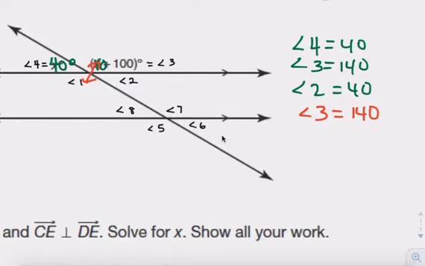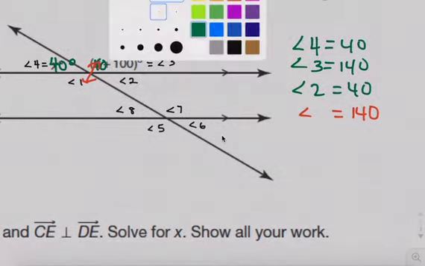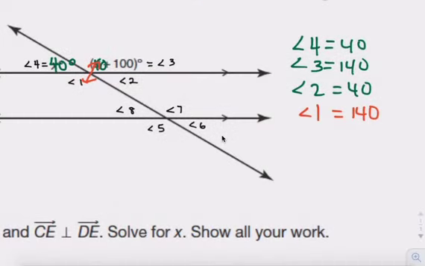Okay, measurement of angle 1. Okay, so this is 40, this is 140. Okay, alternate interior, this and that. Well, I use another color, blue. Alternate interior are congruent, so this has to be 40.